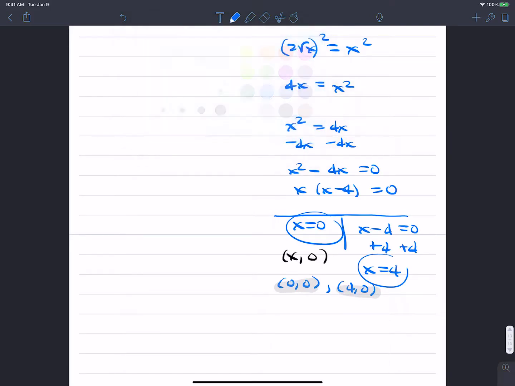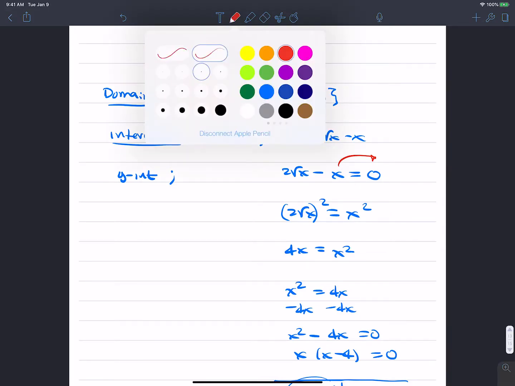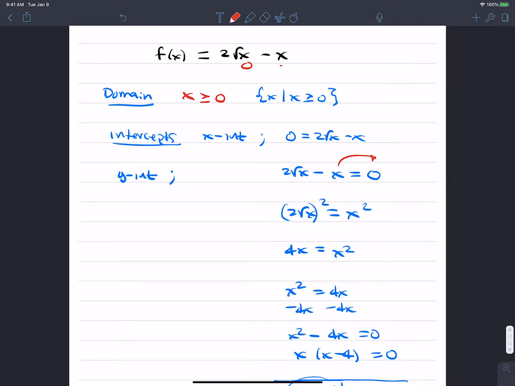So since I have some space here, let's look at this here in terms of y-intercepts if we want. For y-intercepts, we're going to let now what? Yep, let x be 0 now. Y is 2 square root of 0 minus 0.